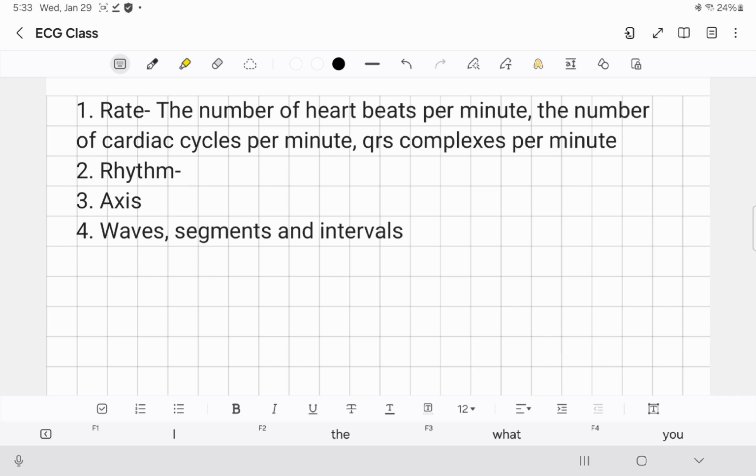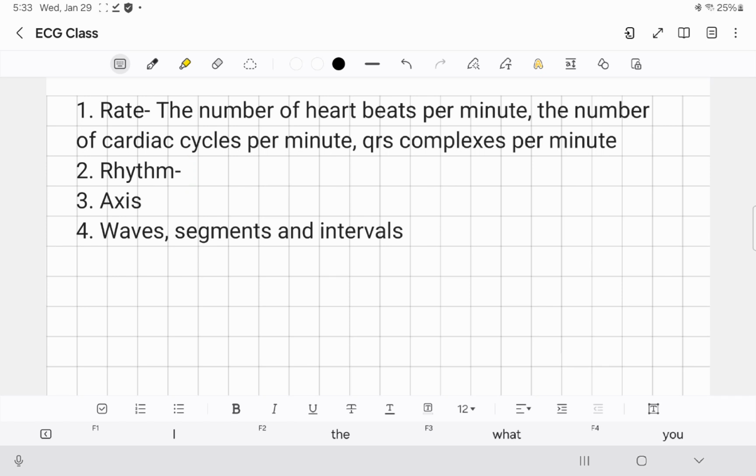So, for example, when asked to describe the rhythm, or when asked what is the rhythm, a response may be, oh, the rhythm is regular or the rhythm is irregular. So I want to clarify that while the regularity of the rhythm is a part of the analysis, that is not what the rhythm is.